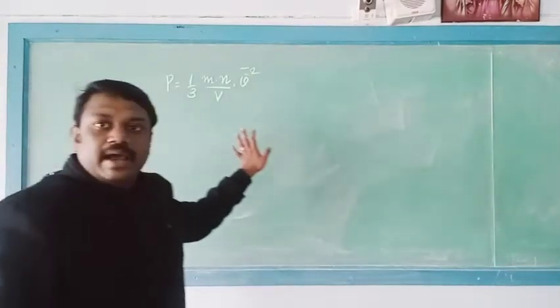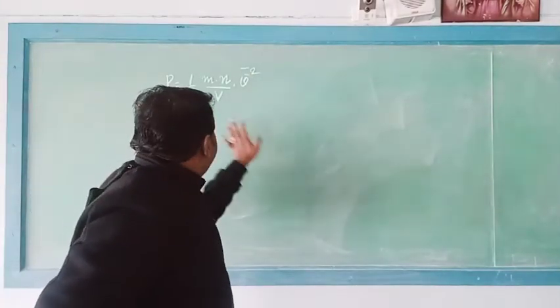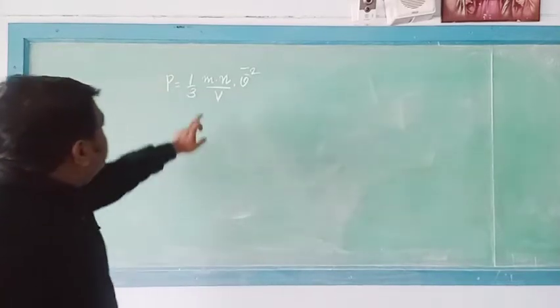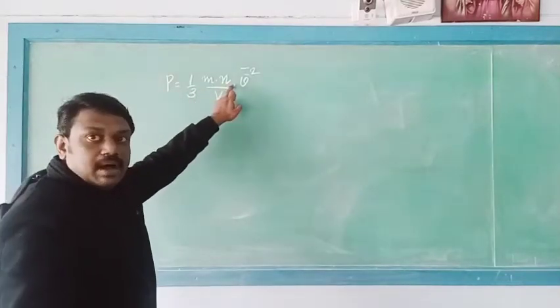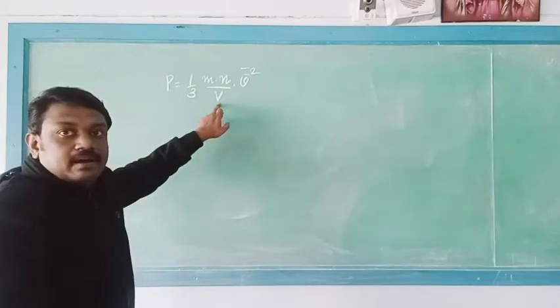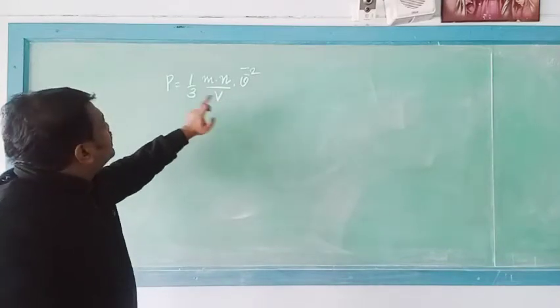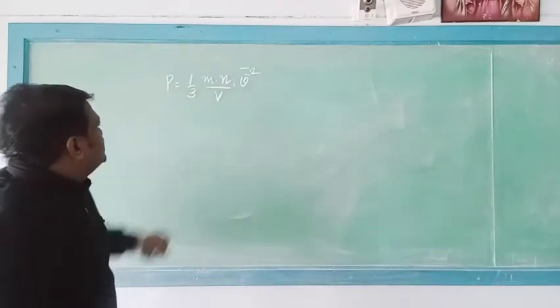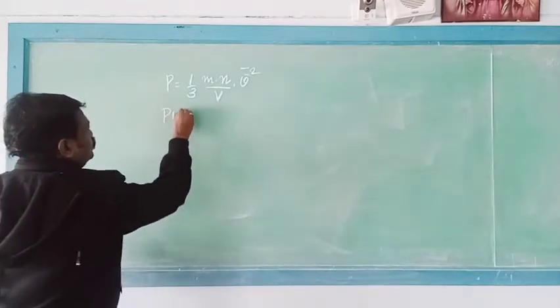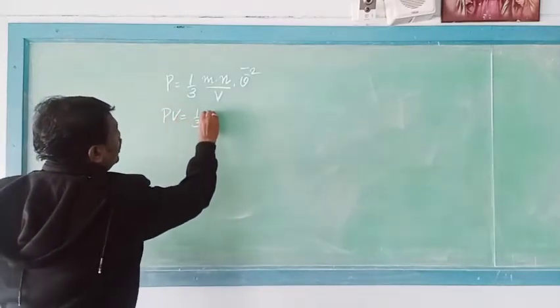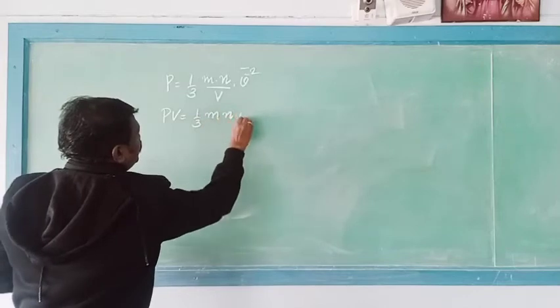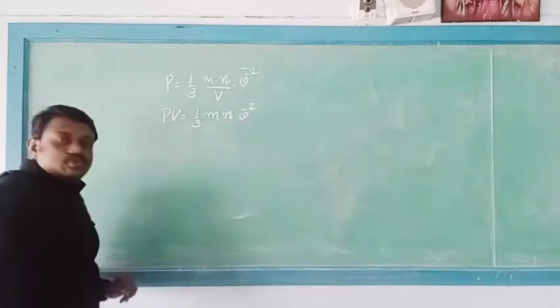This is the actual equation for finding the pressure exerted by a gas. Here mN is the total mass and V is the volume. So we can say that PV is equal to 1/3 m N V average square.